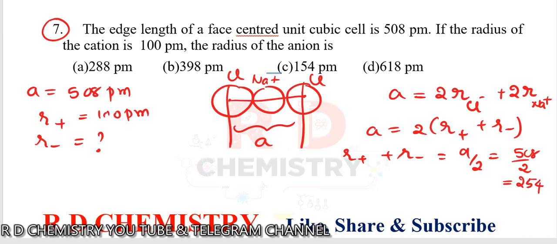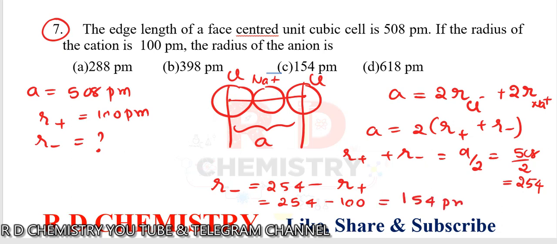Therefore, radius of the anion is equal to 254 minus the radius of the cation, which is given as 100. So it comes to be 154 in terms of picometers. So what is the answer, students? Answer is option number C, 154 picometer.